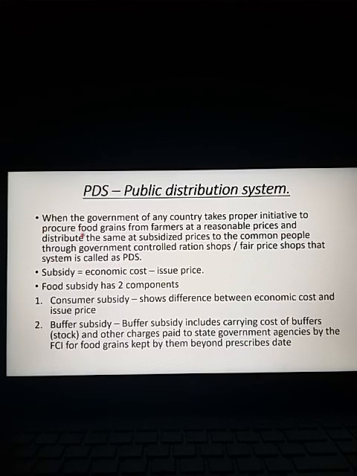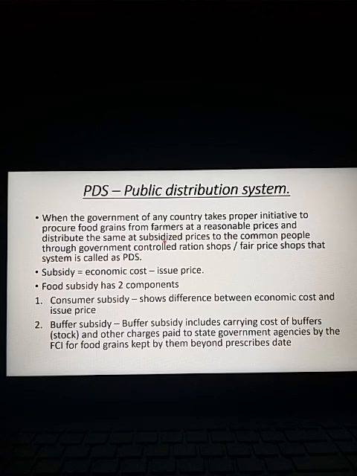Instead of saying such a big statement, you can also simplify and say, public distribution system refers to selling off the basic foodstuffs such as rice, wheat, sugar, kerosene, edible oils, etc. through fair price shops. In order to get those required grocery items, one should have the ration cards issued by the government, that all of us are aware. And these grains are given to the people at a subsidized price.